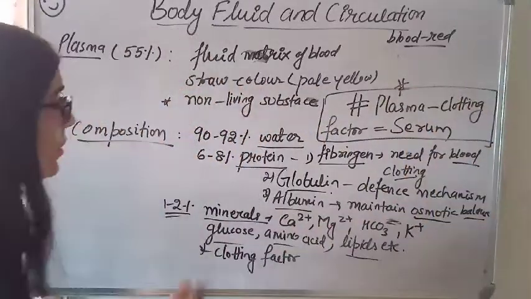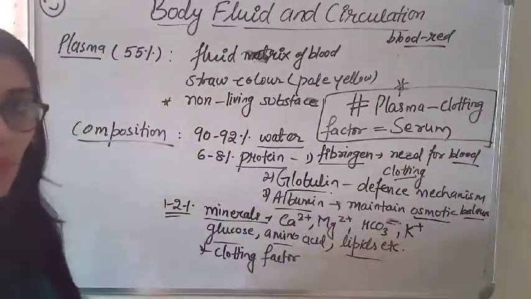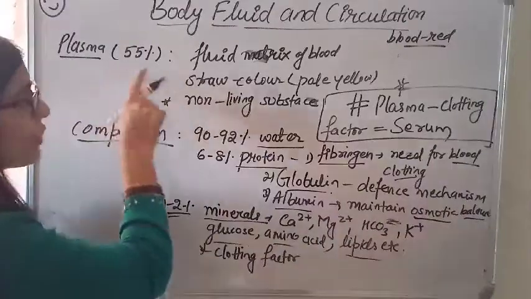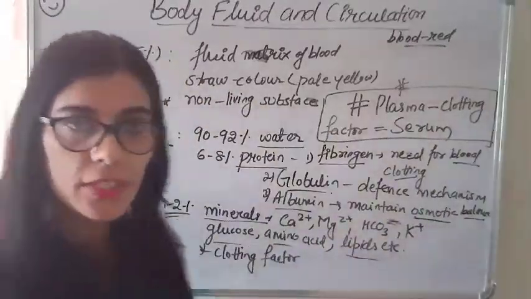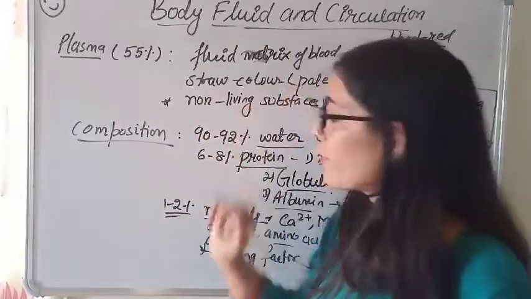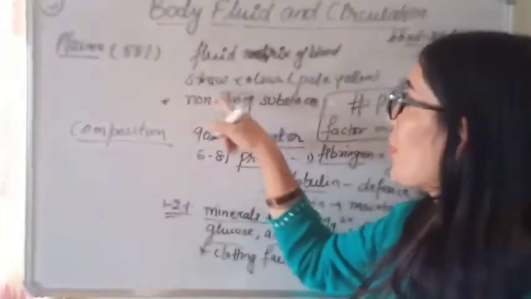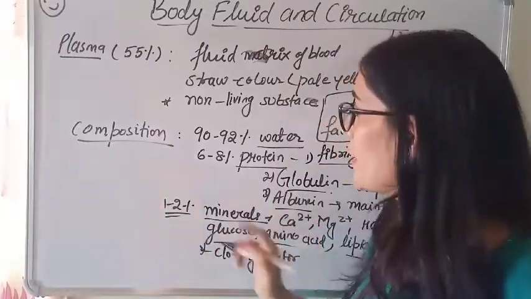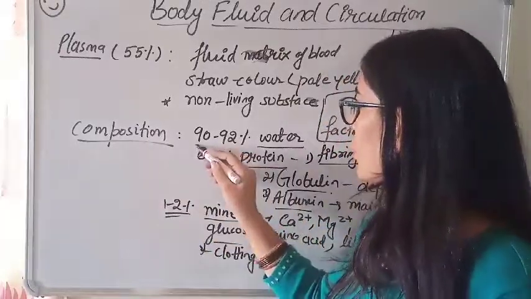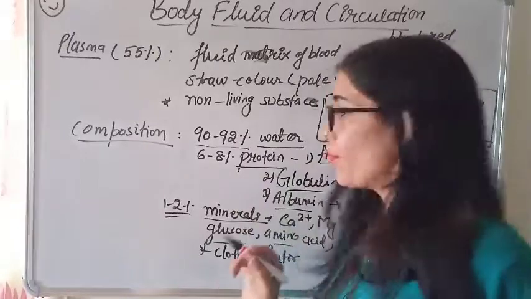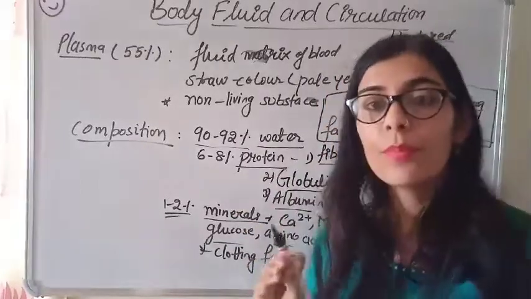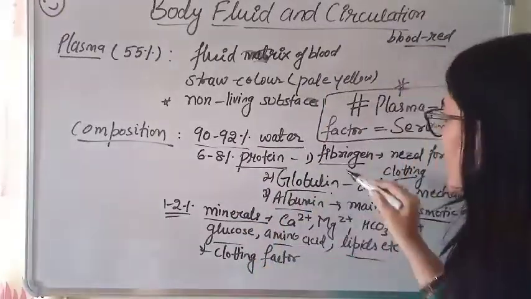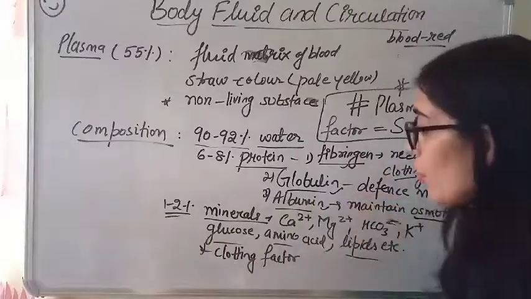So this is something important. Let's have a quick revision about the plasma. It contributes 55% to the blood. It is the fluid matrix of the blood. The color of the plasma is straw color. It is a non-living substance of the blood. Its composition includes 90 to 92% water and 6 to 8% protein. Mainly three types of protein are present: fibrinogen, globulin and albumin.